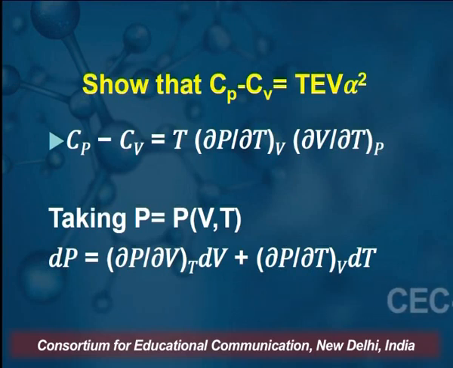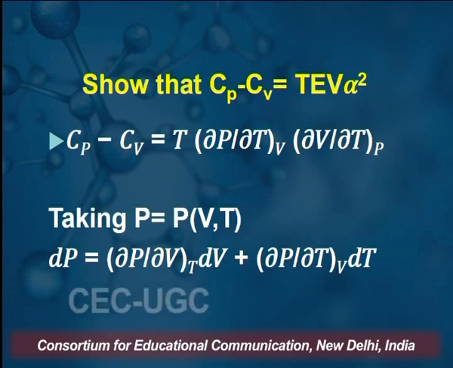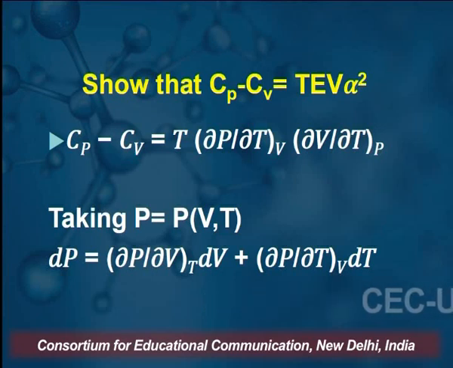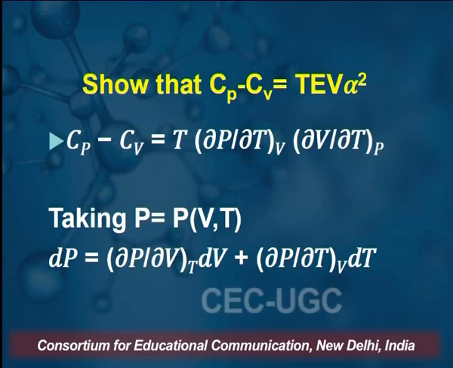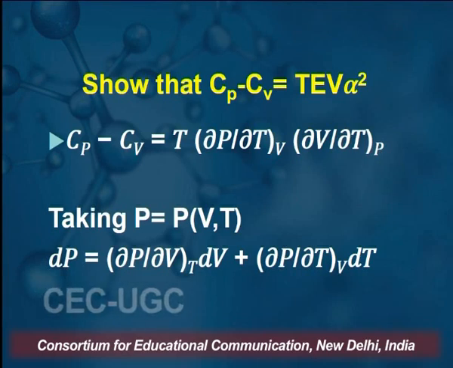While discussing the applications of Maxwell's relation, we have seen in the previous lecture that Cp minus Cv is equal to T times delta P by delta T at constant volume into delta V by delta T at constant pressure. To get the desired relation, let me take pressure as a function of two independent variables, volume and temperature.